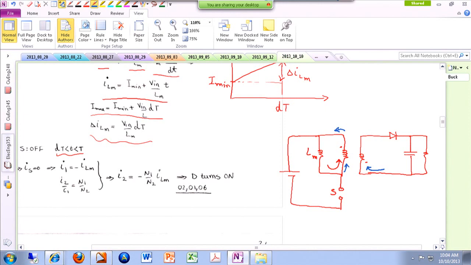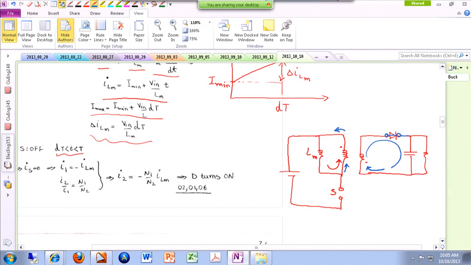Okay? And that means if we have some non-zero current flowing into this, it's going to push this diode to turn on. So the diode is going to turn on. Similar to before, as soon as we turn the switch off, the inductor pushes the diode to turn on. Same mechanism like the buck or boost or buck boost.